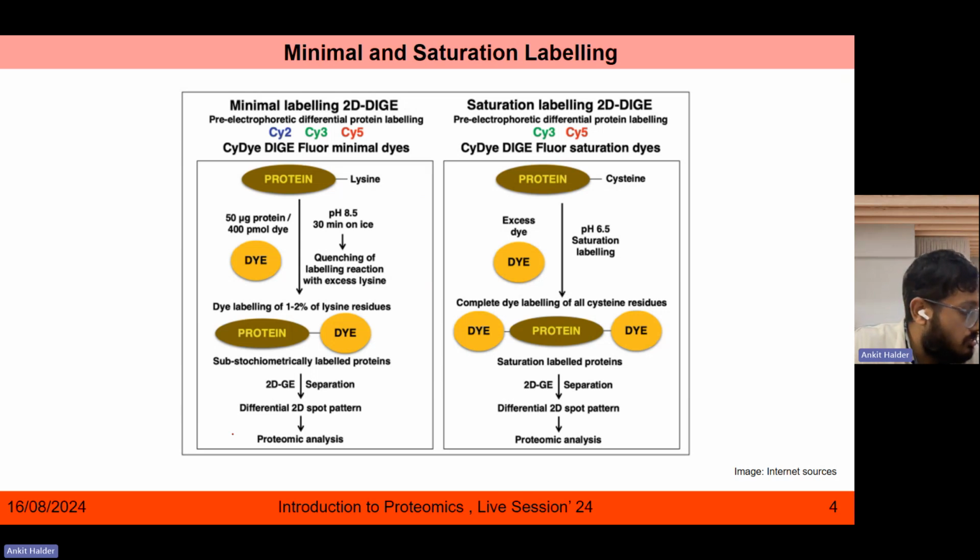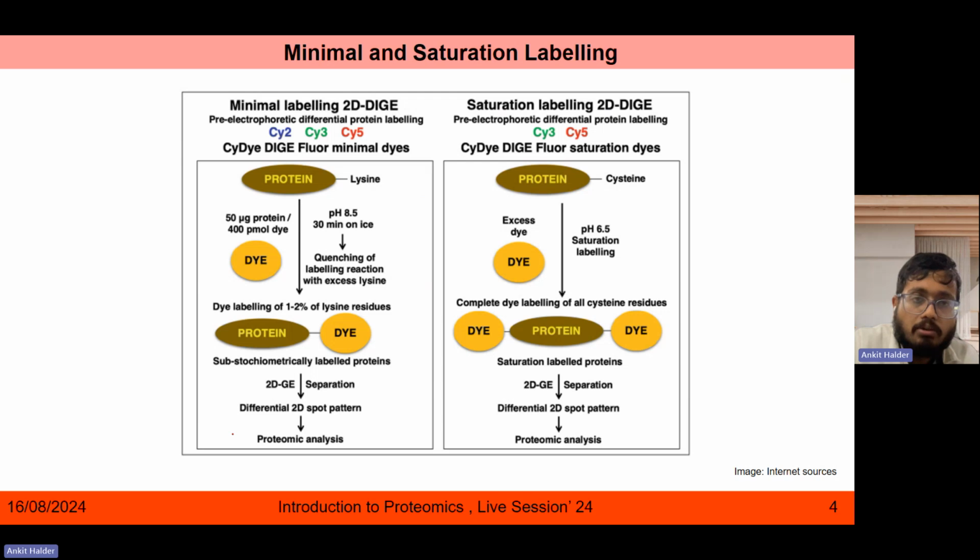Okay, so this was about the terminology between minimal labeling and saturation labeling. I think it is quite clear now that minimal labeling is that which attaches to less than 1% of all lysine residues present in the protein sample, binding in a very minimal manner.